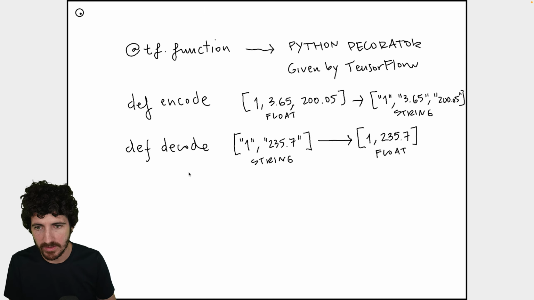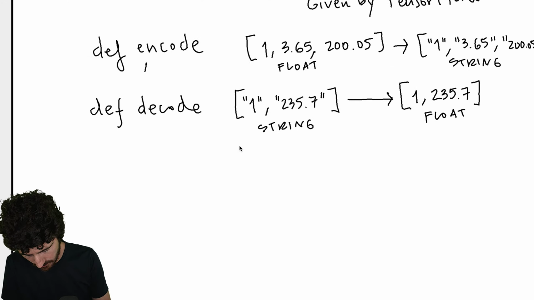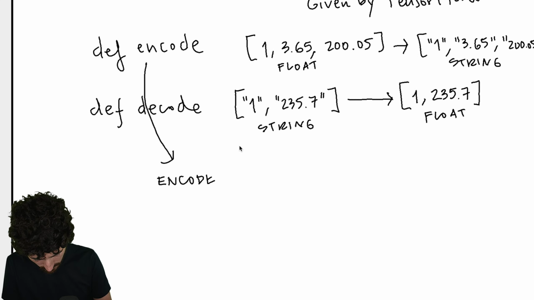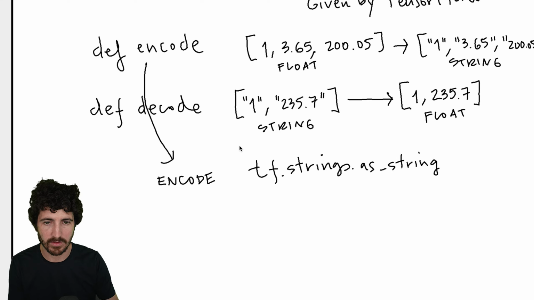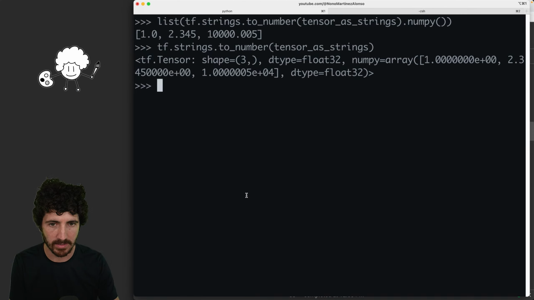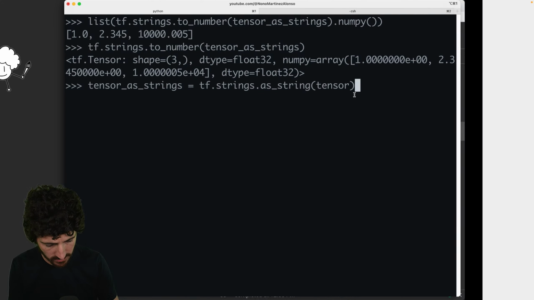So for this encoding, if I put here, the encode was just this tf.strings.as_string. I think that was it, right? Like if I go back, it was as_string tensor, right?